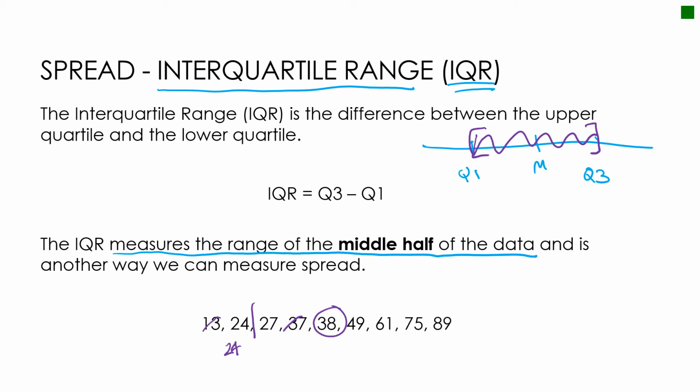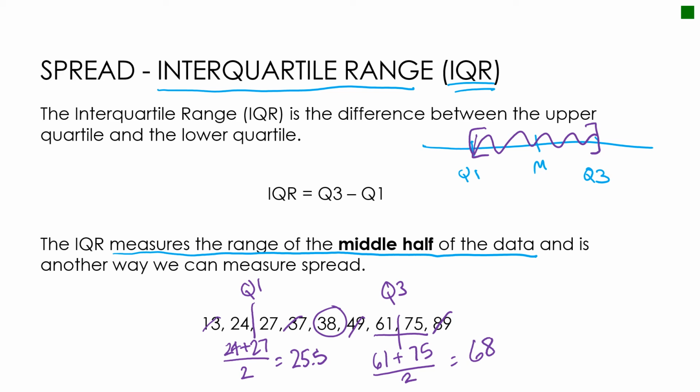Again, I would add those together and divide by 2 to get 25.5, which would be my Q1. I would do the same thing over here. I would end up with two values that I would then use to find the Q3, so 61 plus 75 and divide by 2, and I would end up with 68. And so those would be my Q1, my median of 38, and my Q3 of 68.